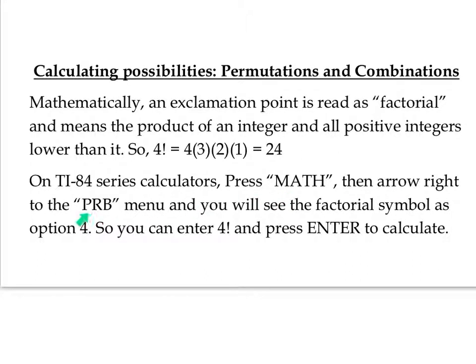Arrow to the right to the one that says PRB, for probability. Option number 4 looks like an exclamation point, so it's factorial. Enter 4, then find that factorial option, enter it, and press enter. It should come out to 24. Make sure you're entering factorials correctly, since it can be very helpful to have the calculator calculate those for you.